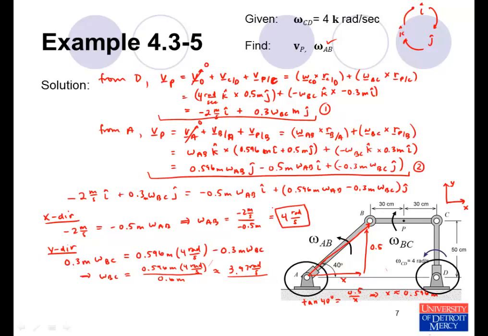And once we know that, we can then plug that back into either of our expressions for VP. So I'll go ahead and use equation 1 since it's easier. We have that the velocity of P is negative 2 in the i direction. We have 0.3 times omega BC. So 0.3 times 3.97.